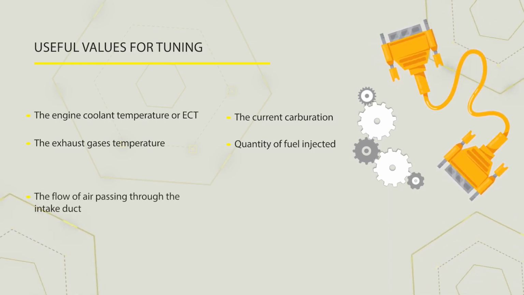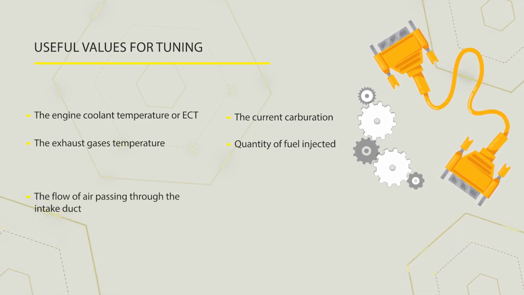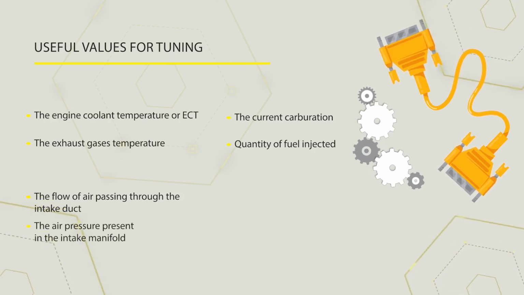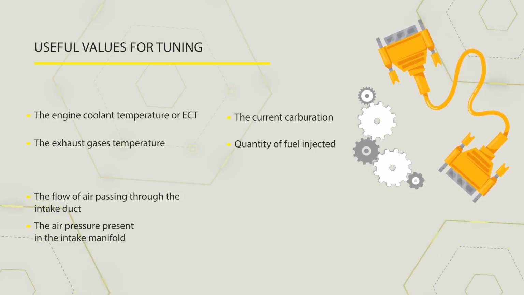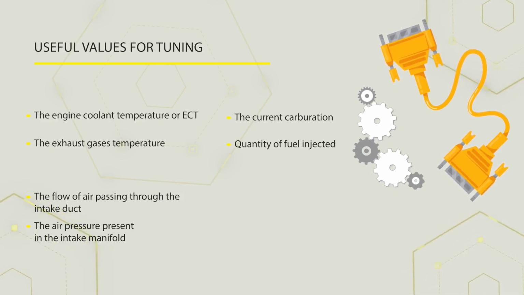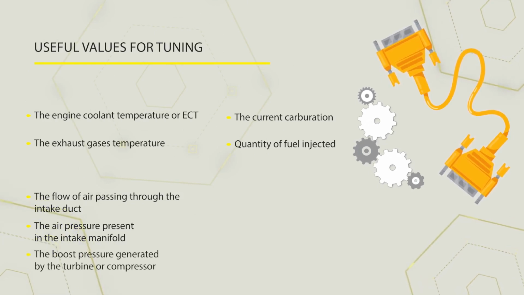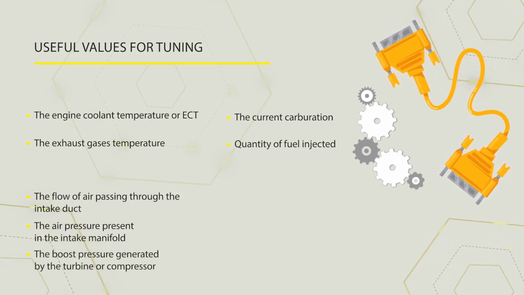The flow of air passing through the intake duct, expressed in kilograms per hour or pounds per hour. The air pressure present in the intake manifold, expressed in kilopascals. Rail pressure or pounds per square inch. The boost pressure generated by the turbocharger or compressor, expressed in kilopascals.